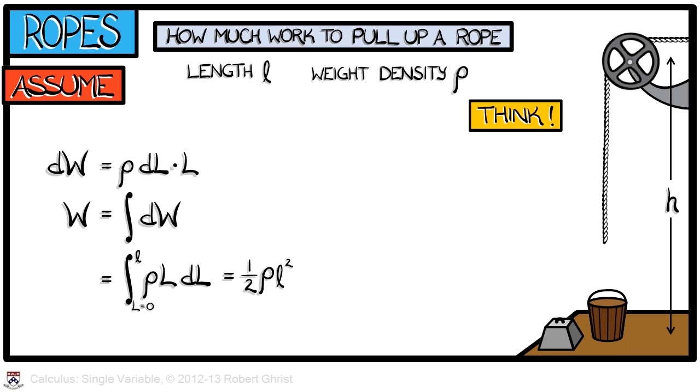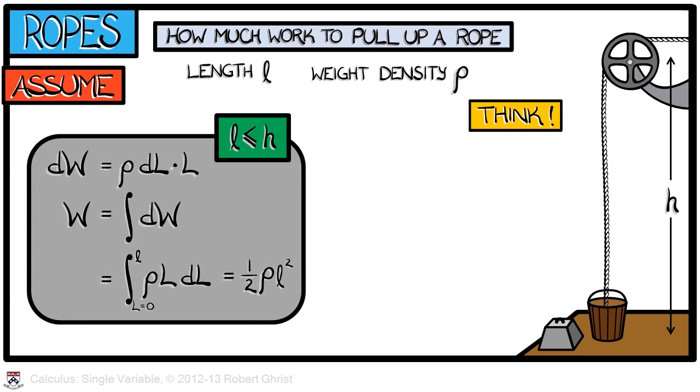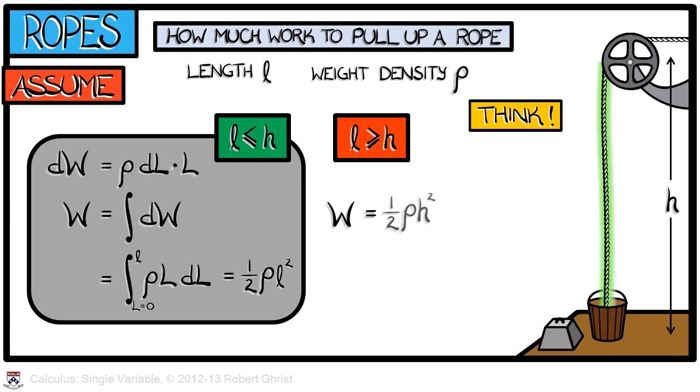Well, we're going to have to use our collective head and think about what we've done and how to generalize it. If little l is less than or equal to h, our previous analysis holds. In the case where little l is bigger than h, then let's think. It is equivalent to computing the work done in pulling up a rope of length h. We've already solved that problem.